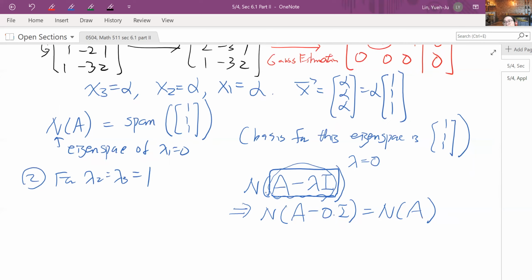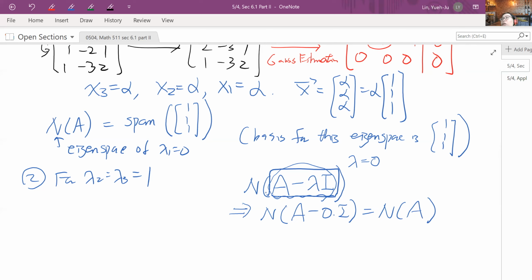If lambda were 2, that's different. So you want to be careful. I guess it's the special case of solving eigen equations.